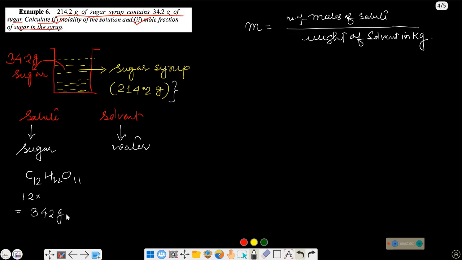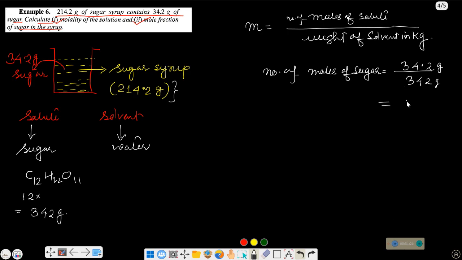What will be the number of moles of the sugar? Sugar is the solute. Given weight is 34.2 gram, molecular weight is 342 gram. So it is 0.1.